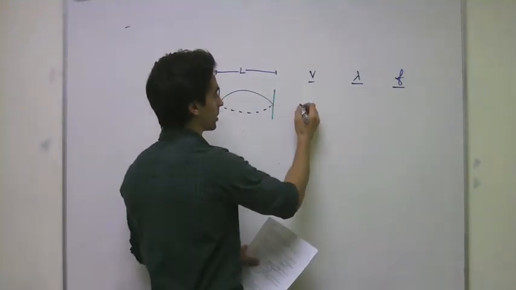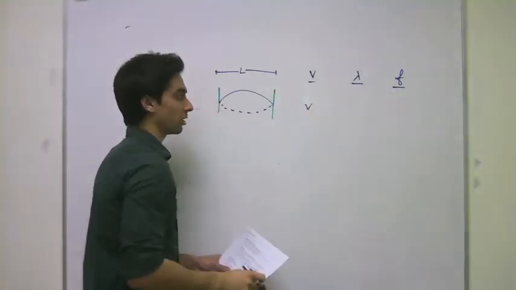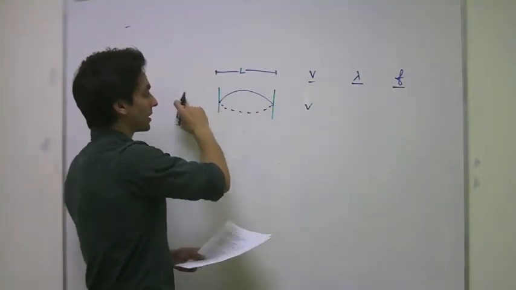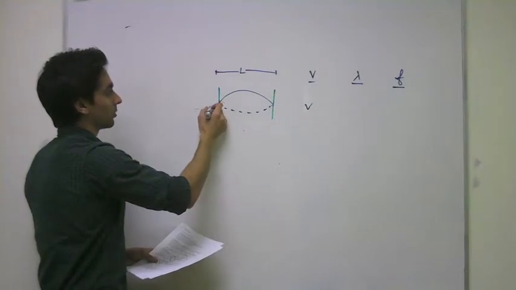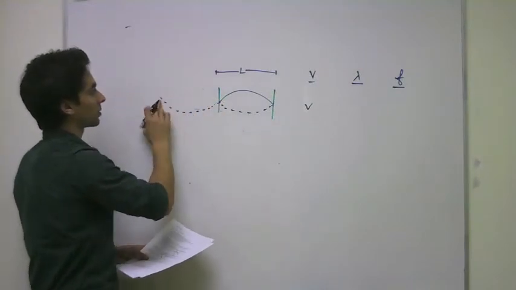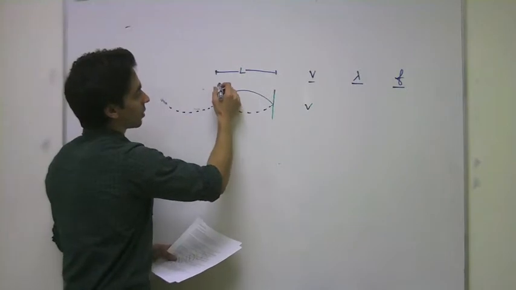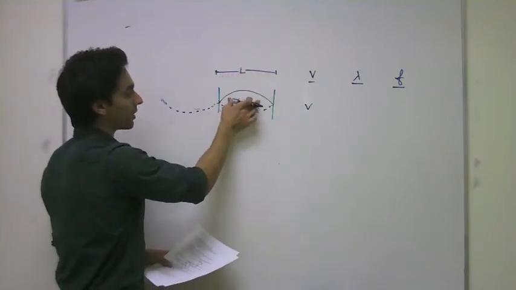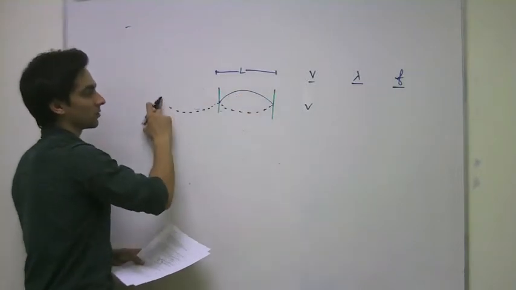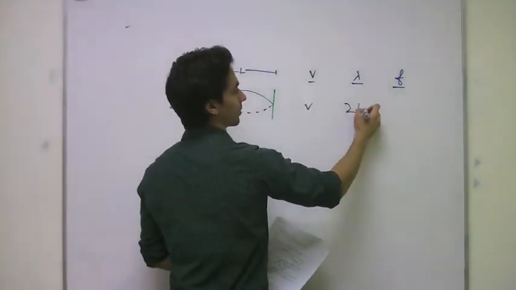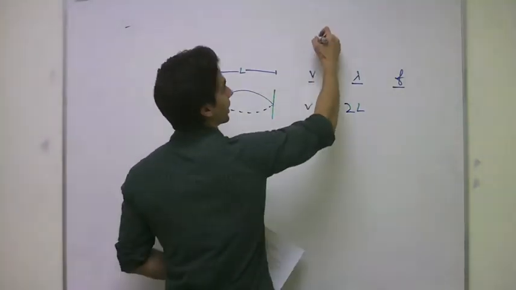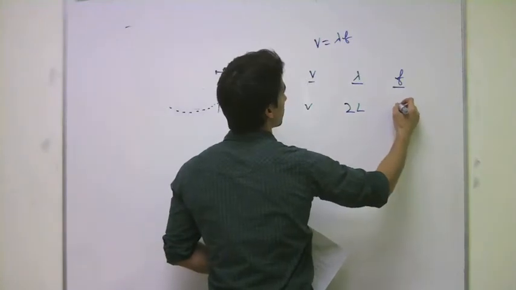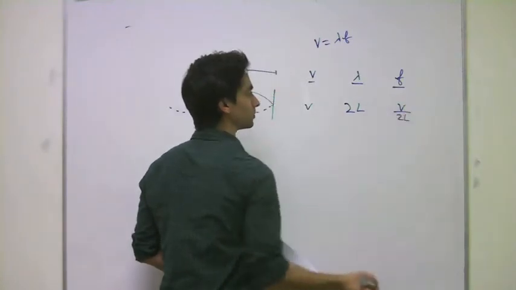So velocity over here in this case, let's assume that it is v. Okay. Wavelength of this wave. So if we were to draw this entire wave structure, okay, the wavelength would be something of this sort. Okay. So we can see that only the length of this structure here is just half a wavelength, which means that the wavelength is 2L. Okay, and by the formula v equals lambda f, we have f equals v over 2L.